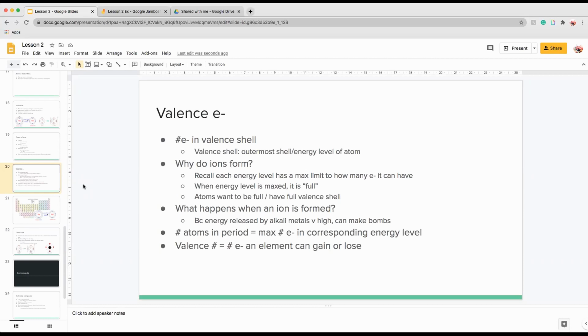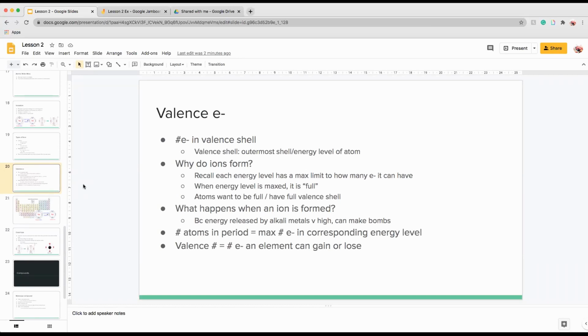They lose electrons, but the amount of work it takes to lose and gain an electron is about the same. Hydrogen can gain or lose, but all the other ones lose. Basically, the alkali metals lose an electron.